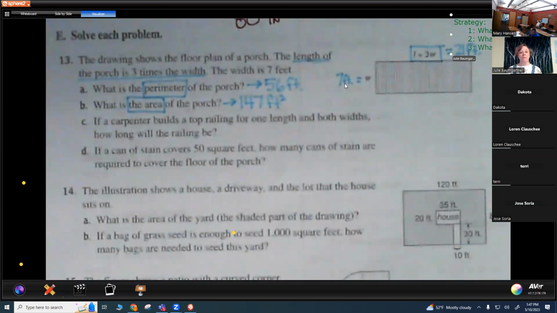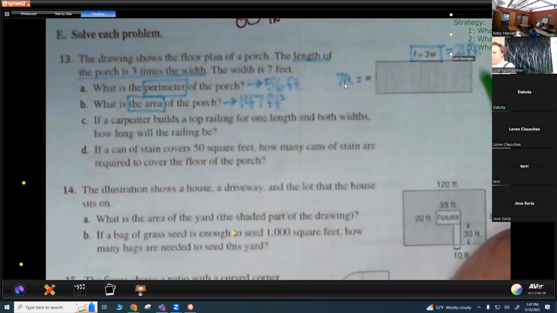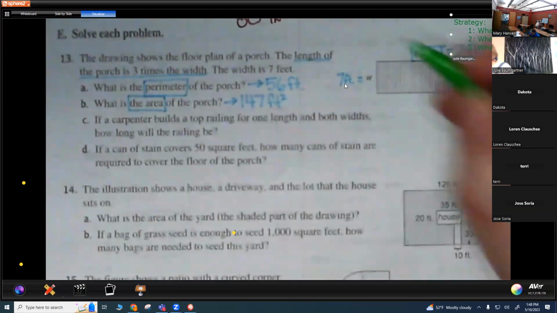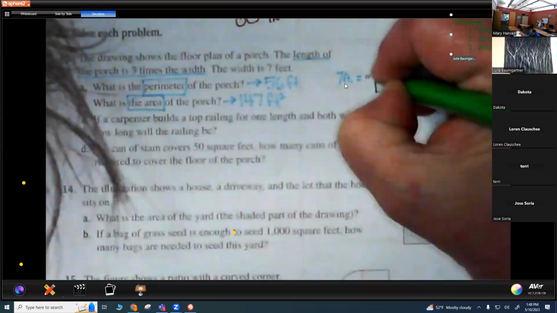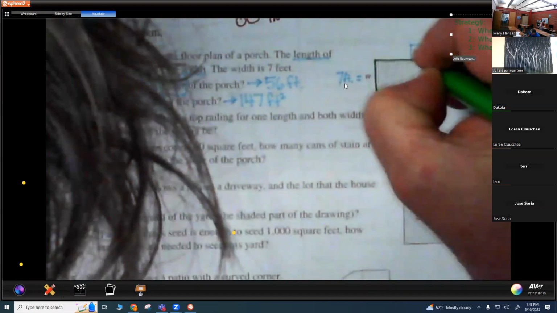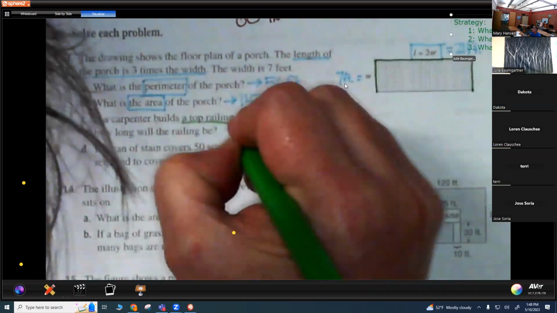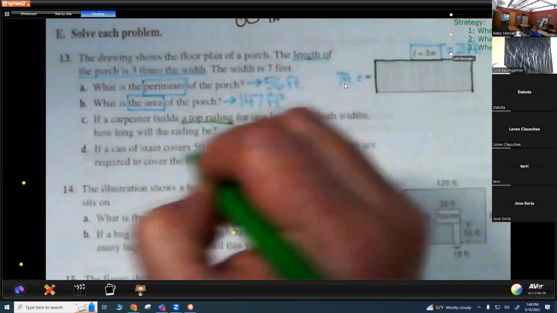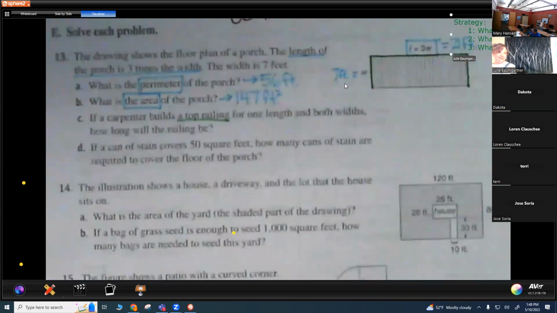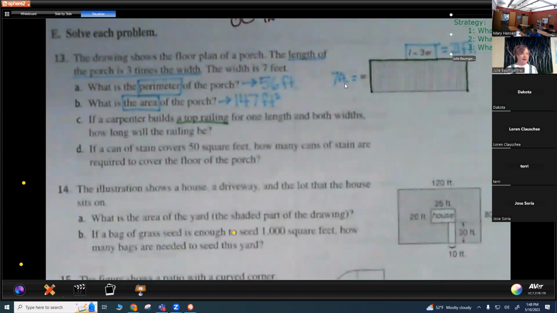Perimeter. Good. 35? Good. 7 plus 7 plus 21. Yep. Because the railing is only going to go, of course, on the outer 3 edges of the porch. Good. And so, like I said, if you see questions about railing, fences, edging, think perimeter.